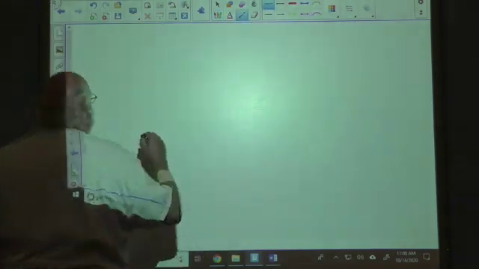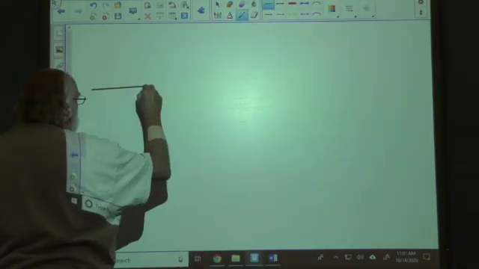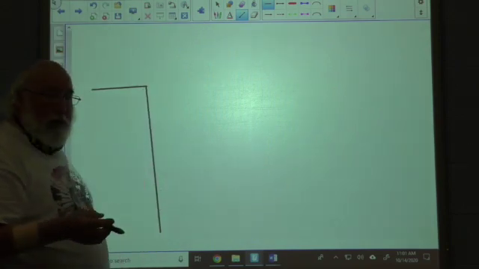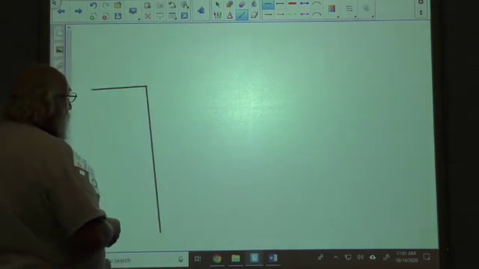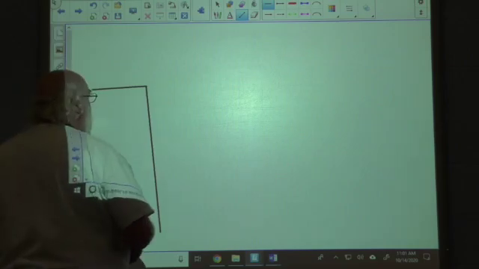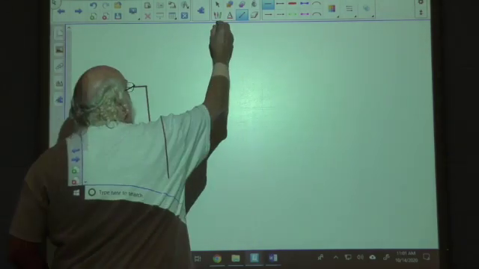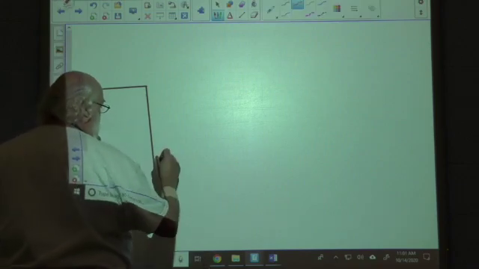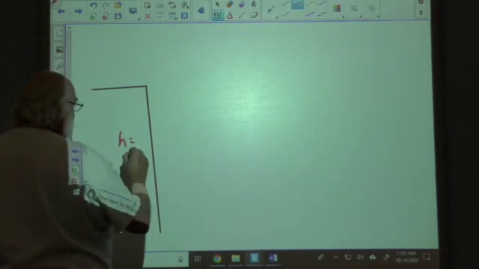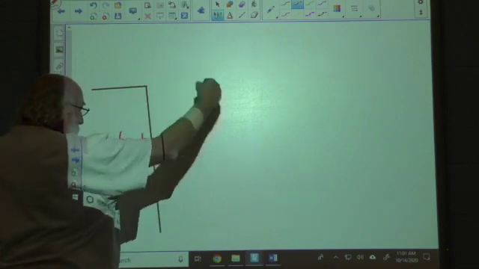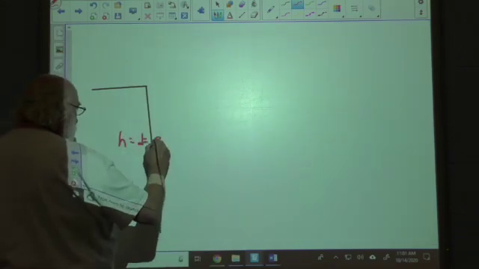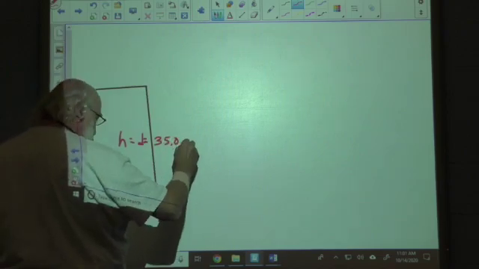So we're going to make ourselves a pretend cliff. Now we all know cliffs are all perpendicular to the surface of the rock there. No, they're not. But we do know here that the height of this thing is the distance that the object is going to travel down, which we said is 35 meters.